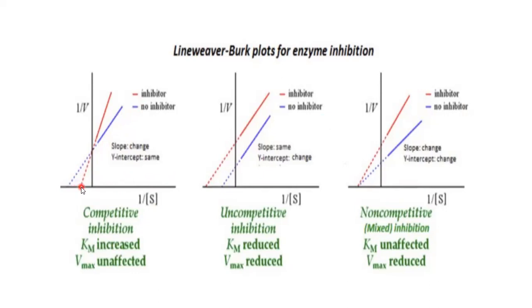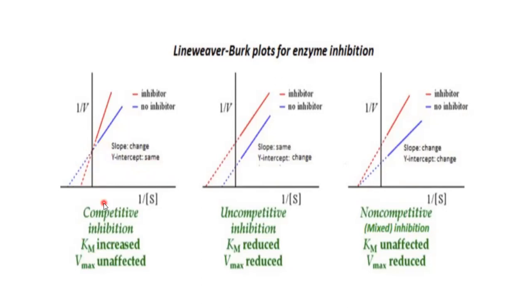Its value is actually increased because it was negative. So when it moves towards the 0 value, it is actually increasing. Hence the Km is increased, but the intercept on the y-axis is the same. And it means that the Vmax is unaffected.